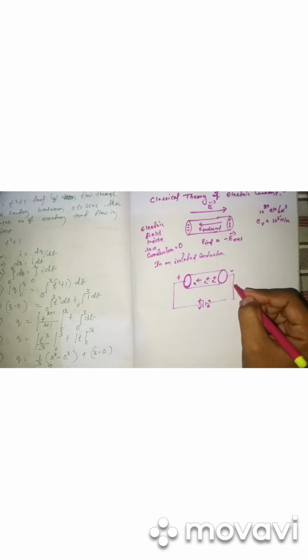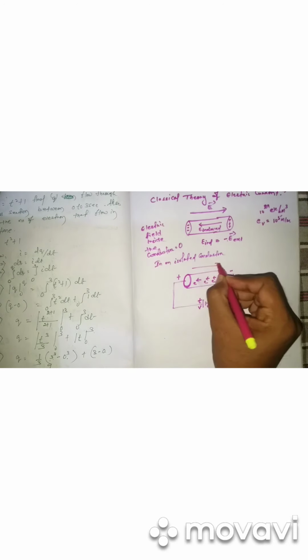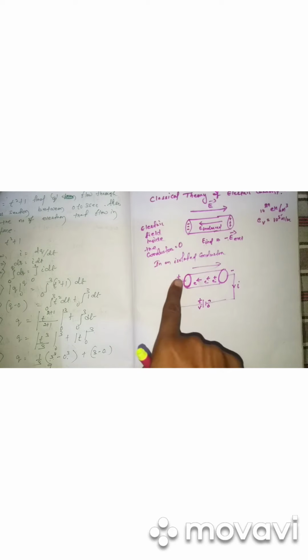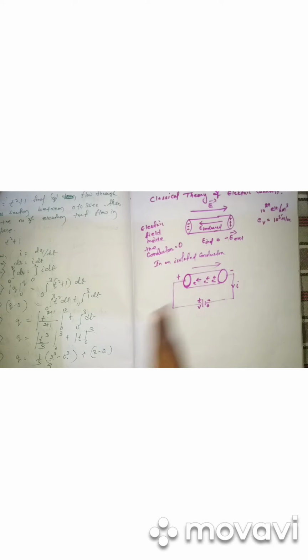So there are negative charges, and there is a current generated opposite to that of the electron. We know that electrons always move from lower potential to higher potential, but current moves from higher potential to lower potential along the direction of the electric field. Because when we connect the battery to the conductor, positive and negative potentials are created across the two ends of the conductor, and that generates an electric field.